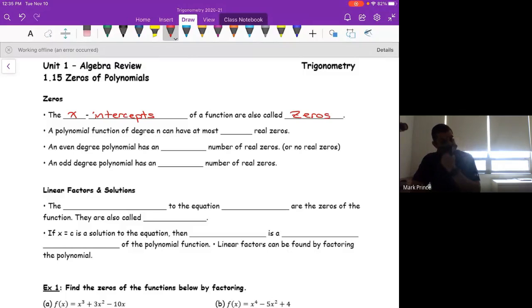All right, and then a polynomial function of degree n, so for example, if it's x cubed, can have at most n real zeros. So something that's x cubed can only have 3 real zeros.